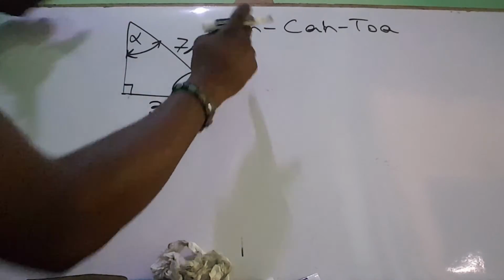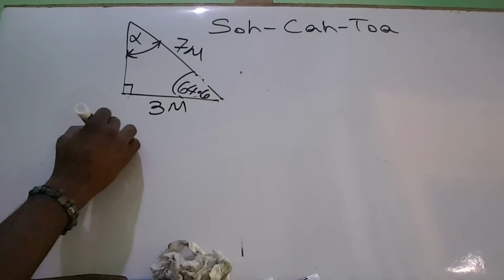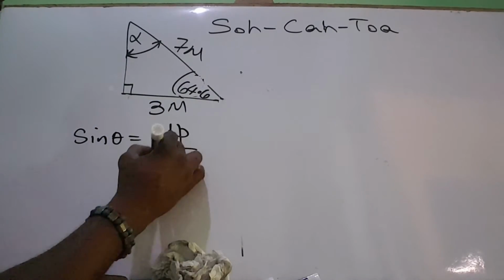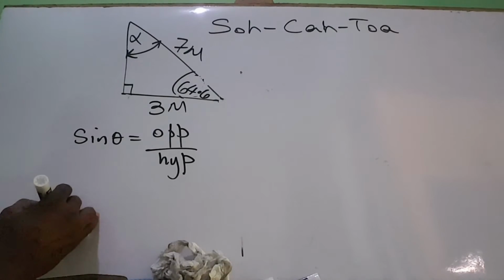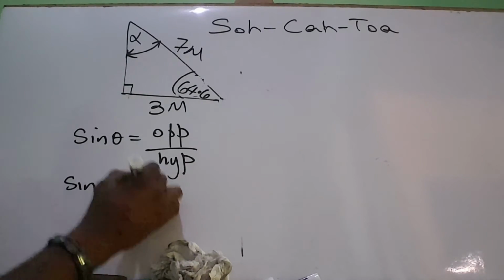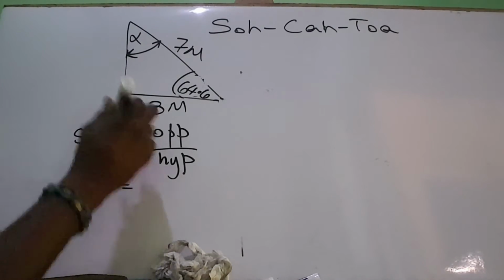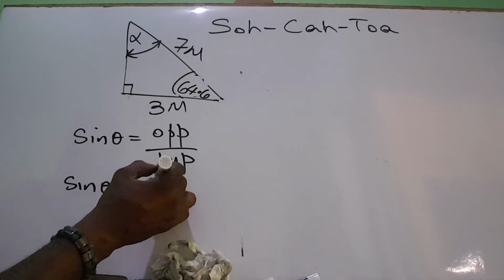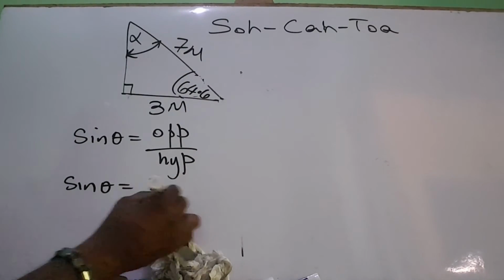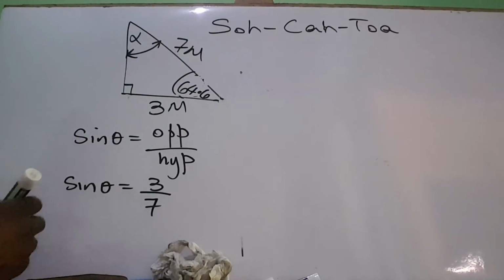It's sine. So we're going to be using the sine rule. The sine of an angle is equal to the opposite side divided by the hypotenuse side. Well, let's look. Sine of this angle is equal to the opposite side, which is the 3, divided by the hypotenuse, which is 7.